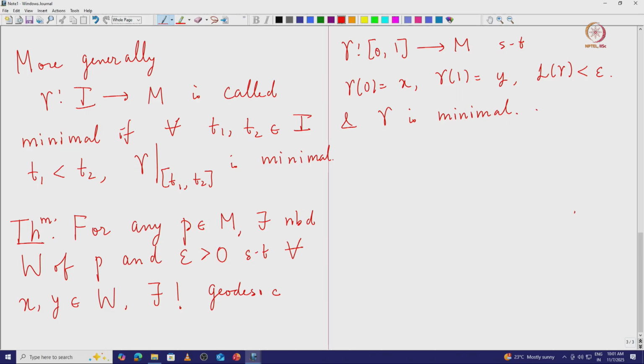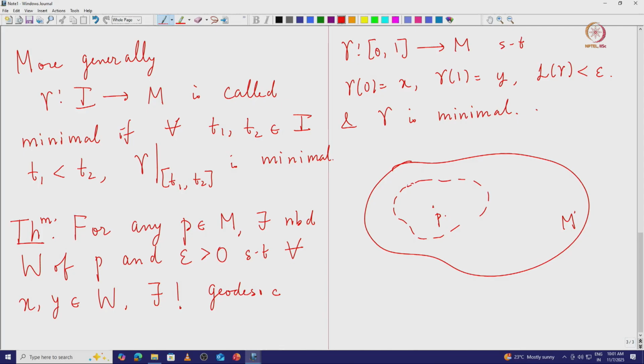So let me just draw a picture. So this is our M, let us say this is our point P, then I am claiming that there exists some neighbourhood W, so that if you take any two points in W, there will be a unique minimal geodesic connecting these two, and as in the picture you can see that the minimal geodesic is allowed to leave W. So let me make that as a remark.